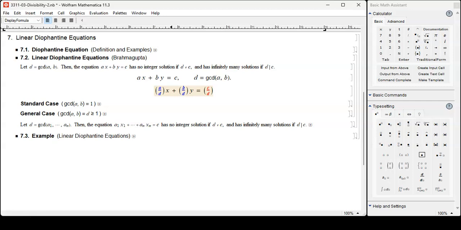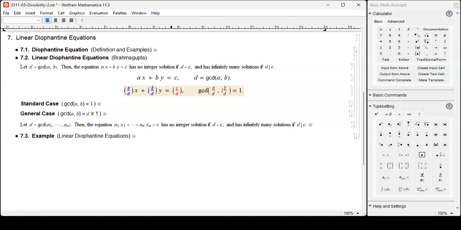Moreover, in this case, sorry about the typo, the GCD of these two integers, A over D and then B over D, is 1.